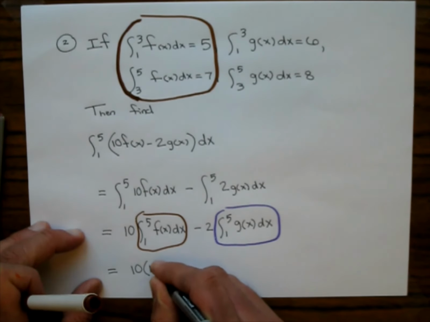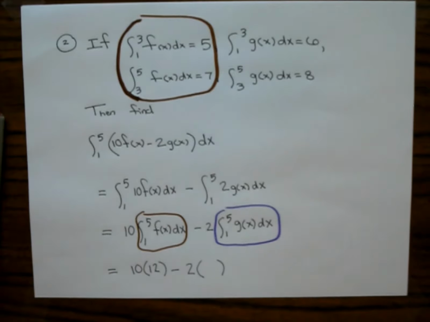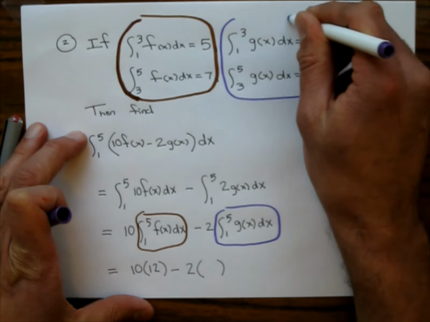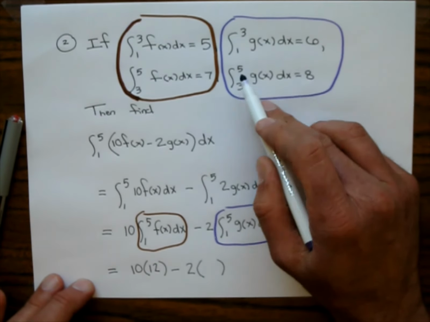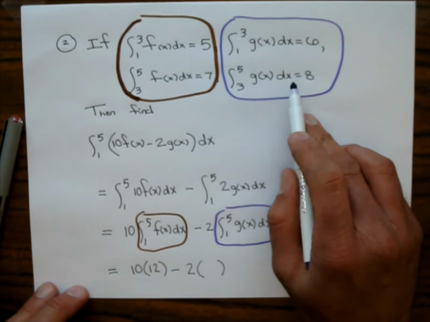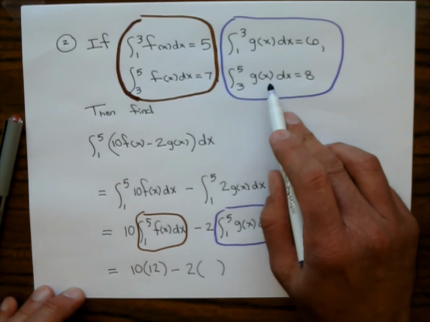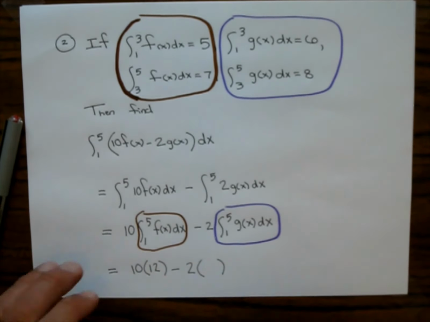So 10 times 12. I'm going to do the same thing with these guys here, and I'll circle them in purple. The integral from 1 to 3 of g is 6, and from 3 to 5, the integral is 8. And when I say integral, I'm thinking net area. So I'm going to add these two net areas, which is 14.